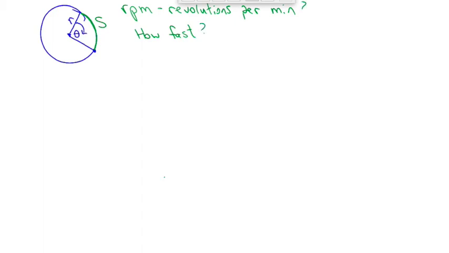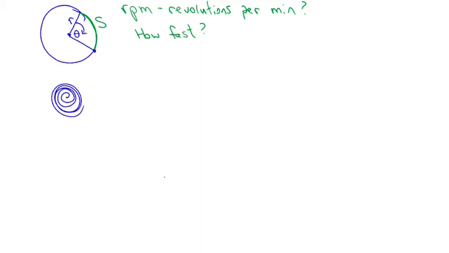Now both of these are kind of question marked, in the sense, get this out of the way, that I need to describe them in a different way. Revolutions per minute is how fast something is spinning. So that's going to have a weird measurement because it's really hard to talk about.